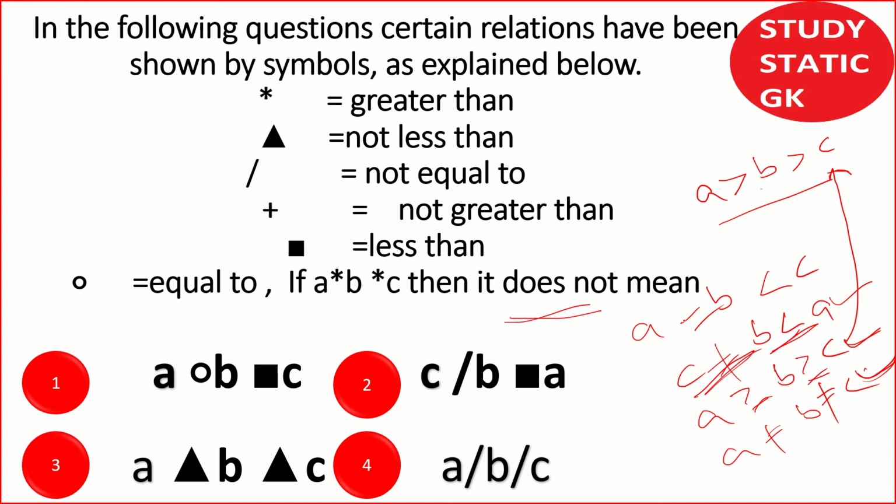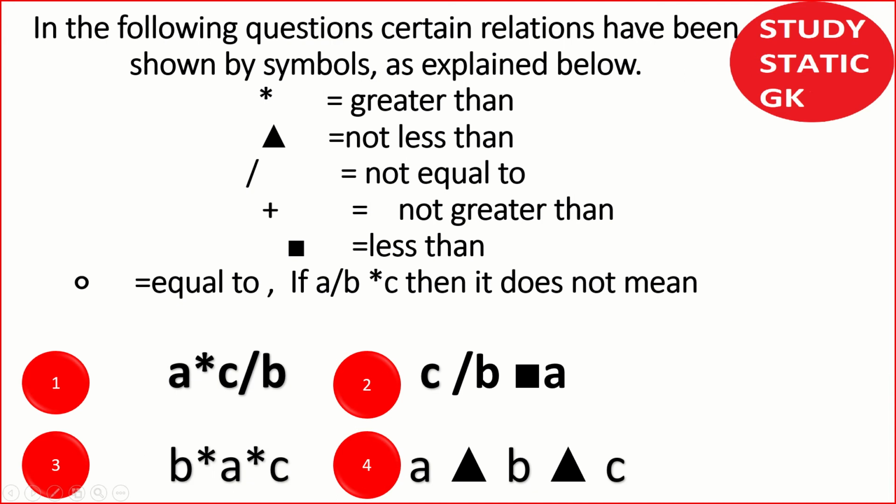A is equal to B is definitely wrong, and B greater than C is given, but here B less than C is written. So anyway, it does not mean this one, the first one. It is written contradictorily: B greater than C is given, but B less than C is written. So this one we can directly say it does not mean.